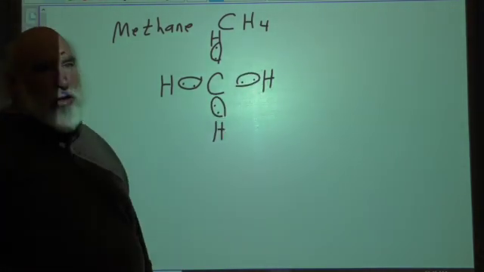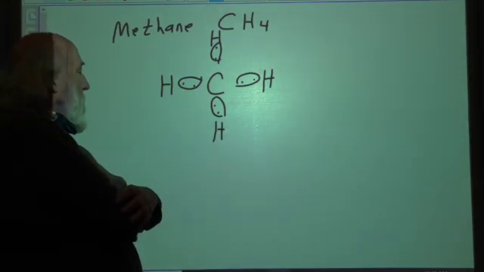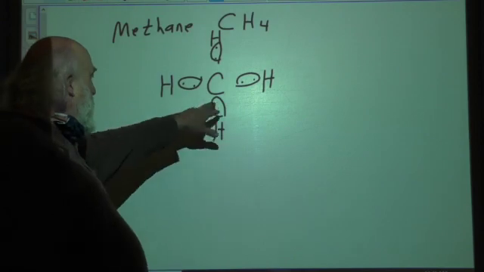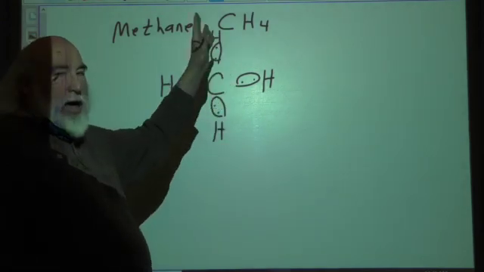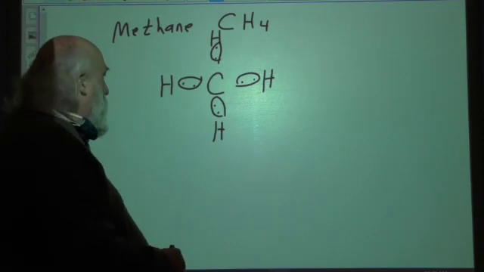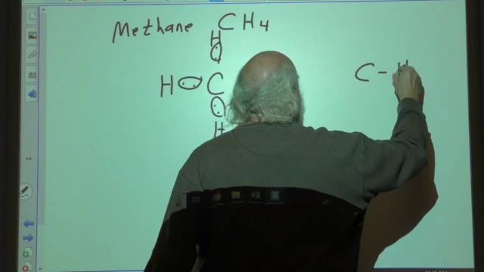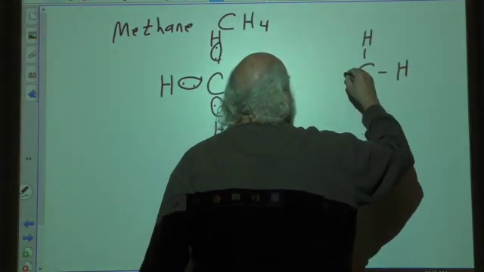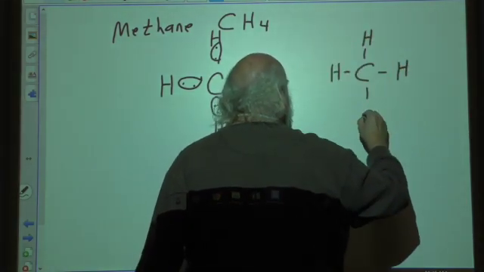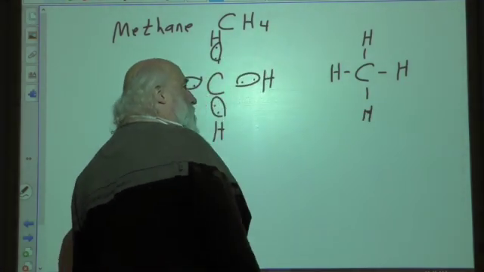So after the circular Lewis dot structure here, we see that the octet is satisfied for the carbon, 2, 4, 6, 8. The hydrogen has 2 electrons, so life is good for everyone concerned. We draw a linear structure for that, and that is what our methane looks like.